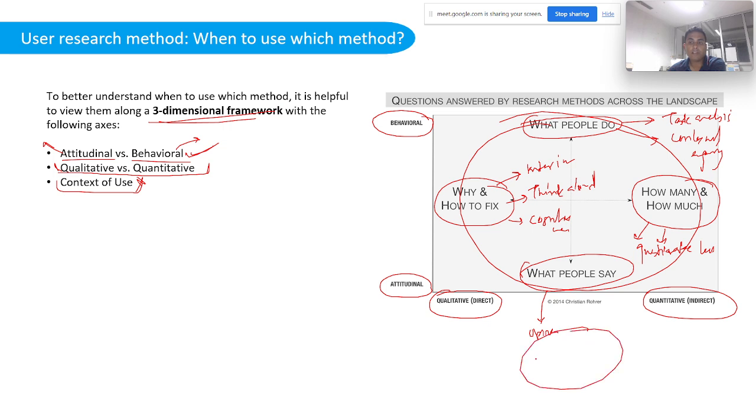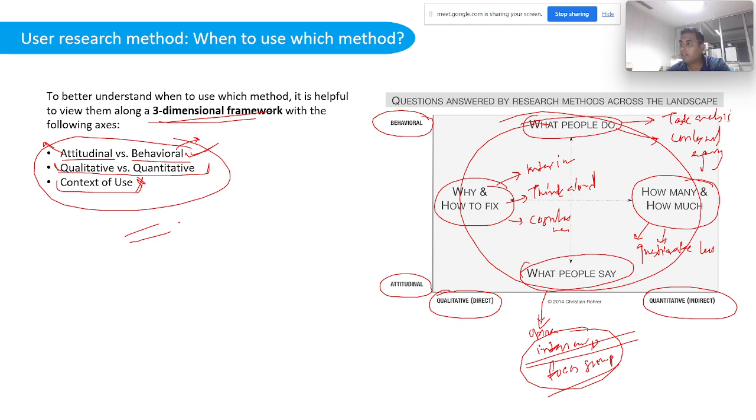So the techniques can be interview, focus group, etc. A focus group gives you the viewpoint of a group, and interviews give you individual viewpoints. Depending upon your requirement, you need to select which particular user study type you will be using for your inquiry. Okay, so I think this is clear. If you have any doubt, please feel free to ask.